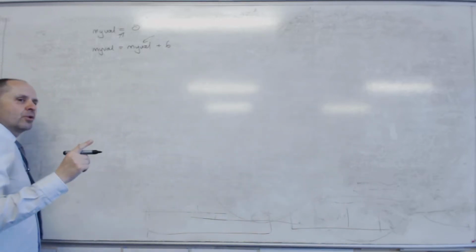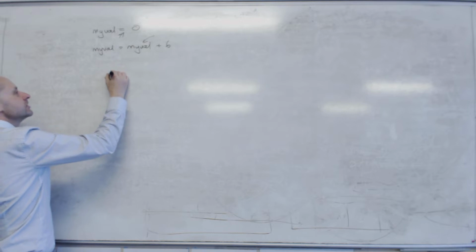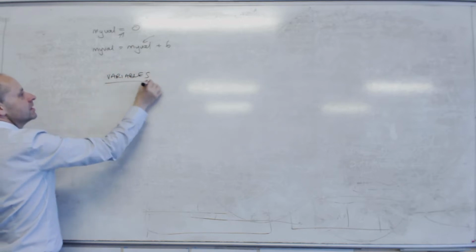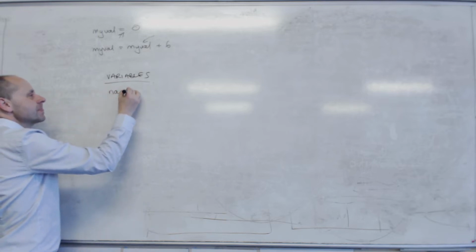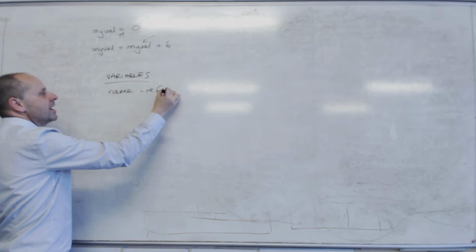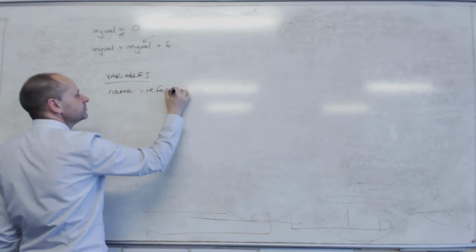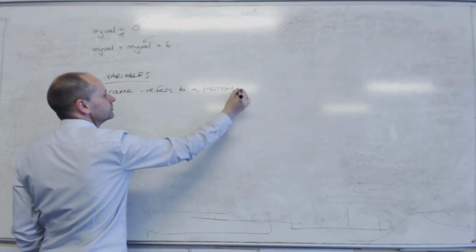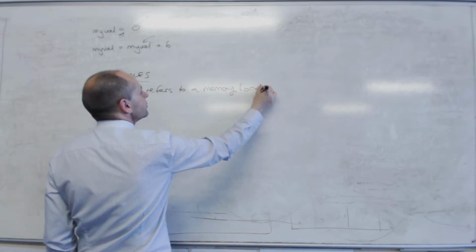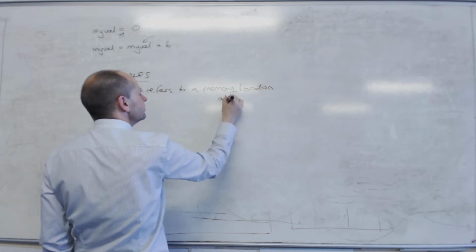Right, just a quick recap, variables and constants. So a variable, it's a name that refers to a memory location, or address. Memory address.